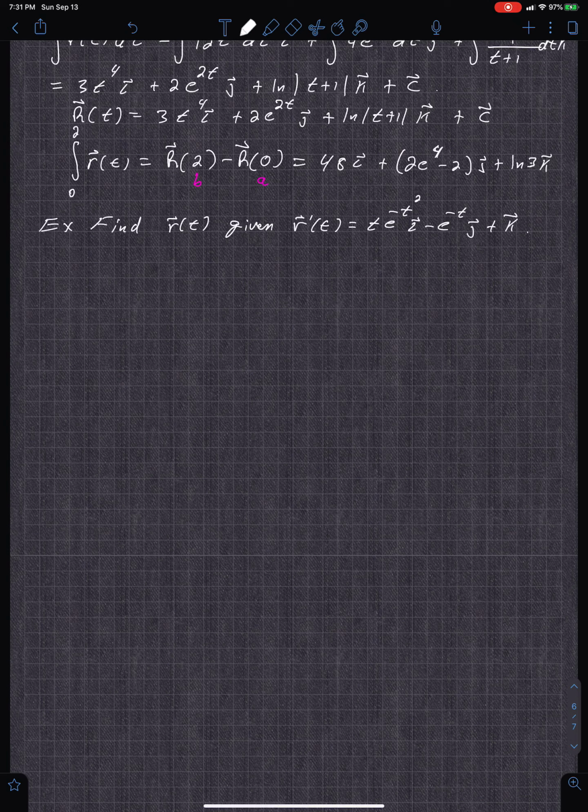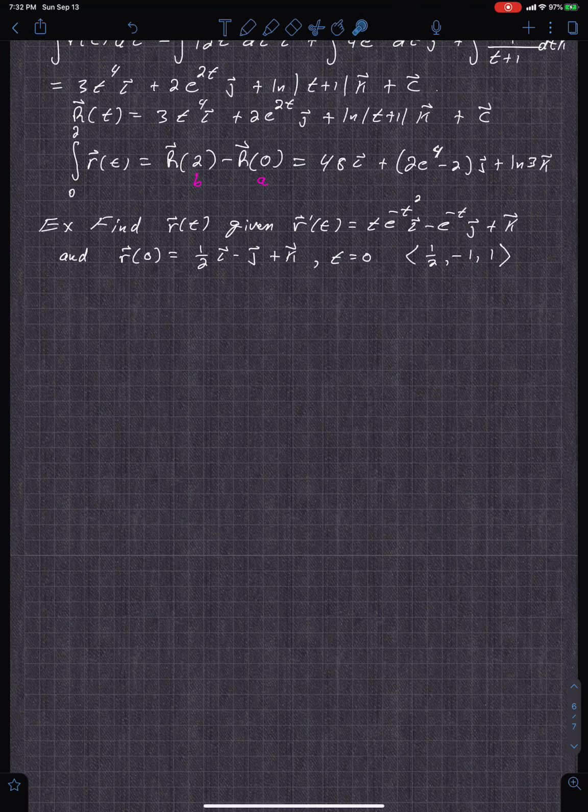So we're basically going to use the fundamental theorem to go backwards. We're going to find r of t, and we're given this initial condition, r of 0. So when t is equal to 0, they give you what that constant is. r of 0 is 1/2 i minus j plus k. That's implying when t is 0, you get 1/2, negative 1, 1.